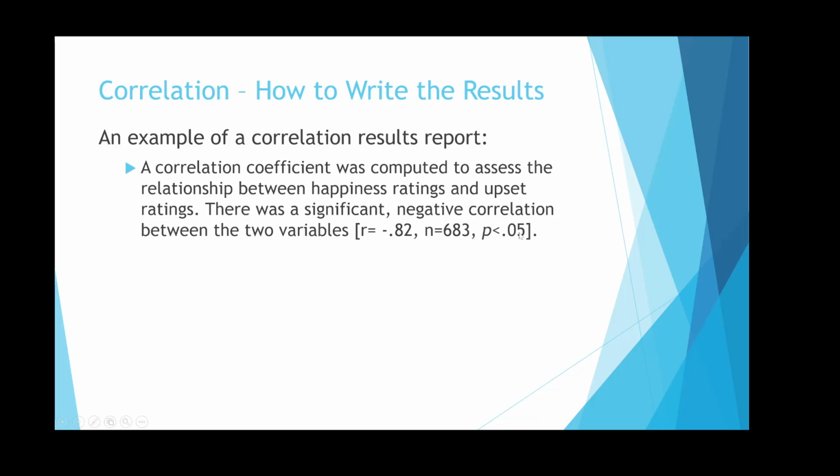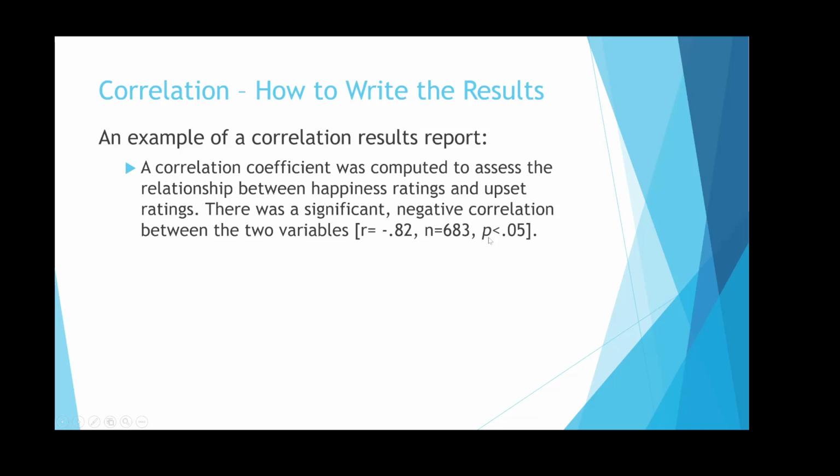In brackets here, you're going to put lowercase r. And I think that should be italicized. Equals, here's your correlation coefficient rounded 2 places past the decimal point. Always just round 2 places past the decimal point. Comma, n. That's our observations in our output. So n is 683, comma, our p-value.